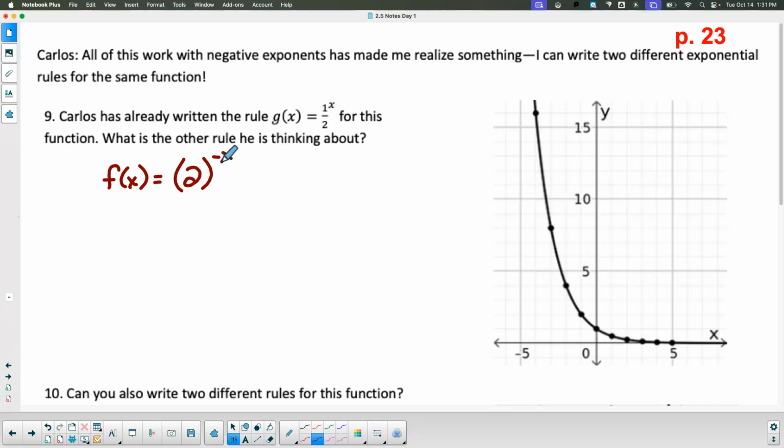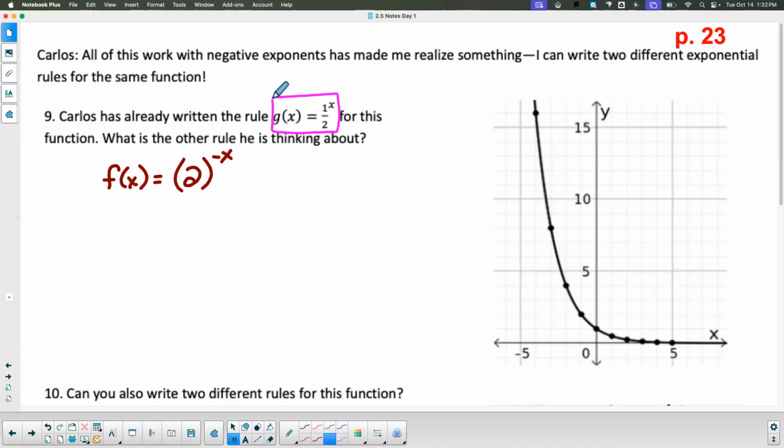I did 2 things. What are the 2 things that I tweaked to g of x to make f? I flipped the base, right?